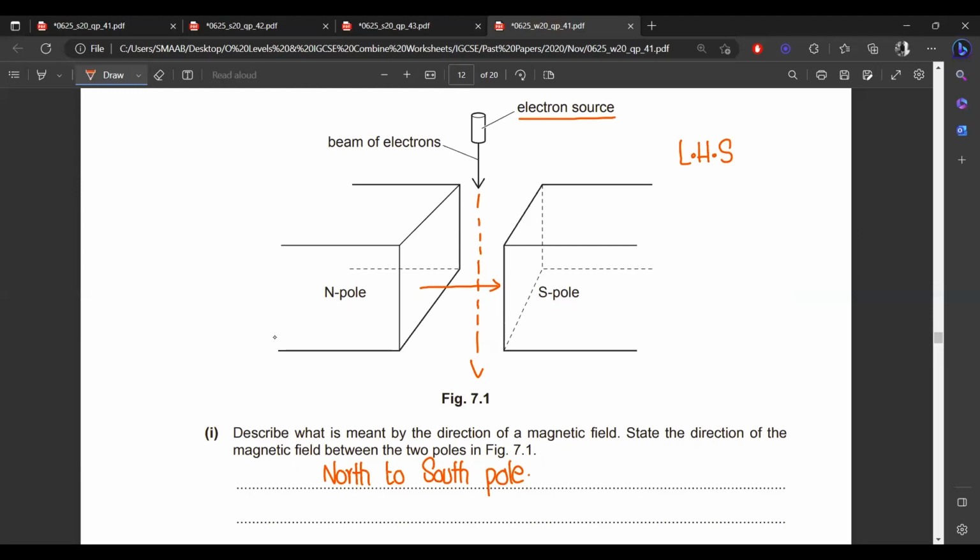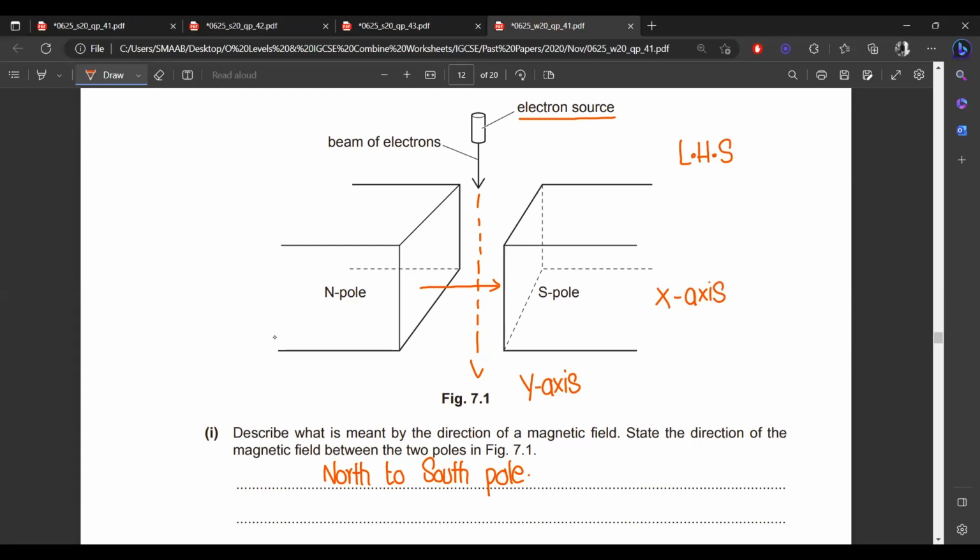So again, use the left hand rule, place your first finger in the direction of magnetic field, place the second finger in the direction of current, and then you will get the direction of the force. So we are having magnetic field on the x-axis and electric current on the y-axis. So it means our force will be on the z-axis, either into the page or out of the page.